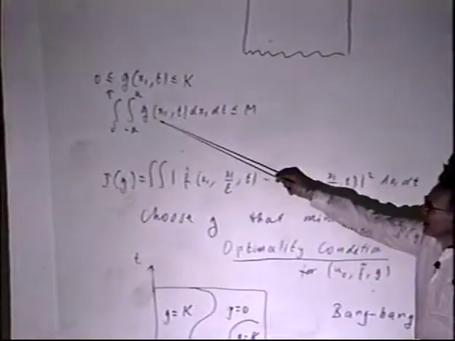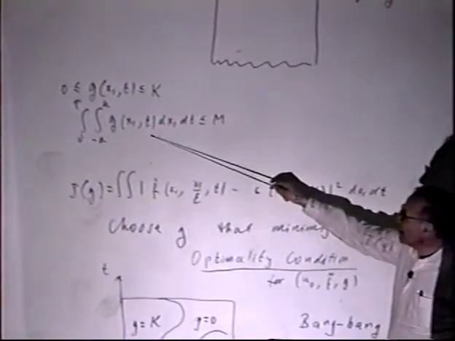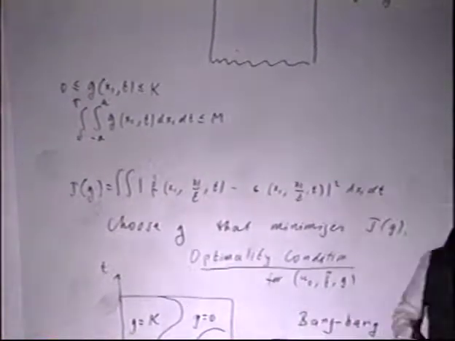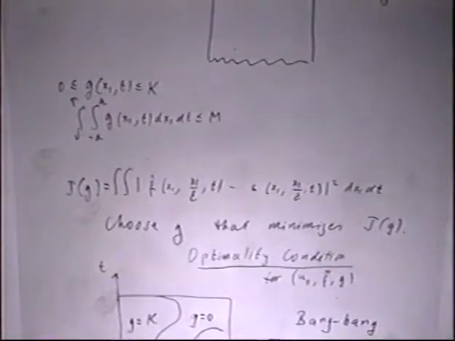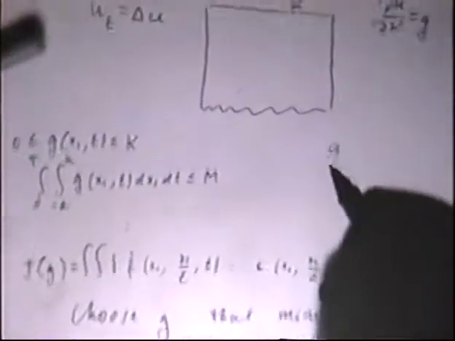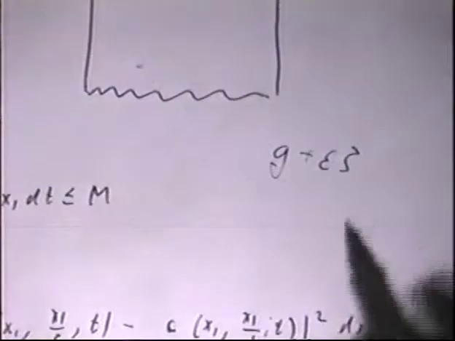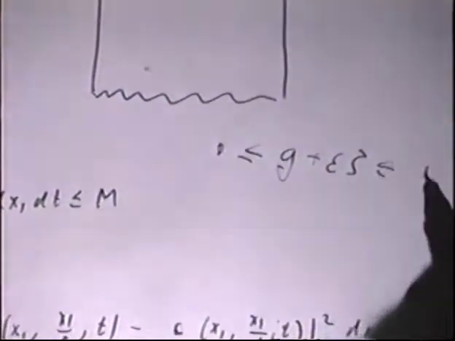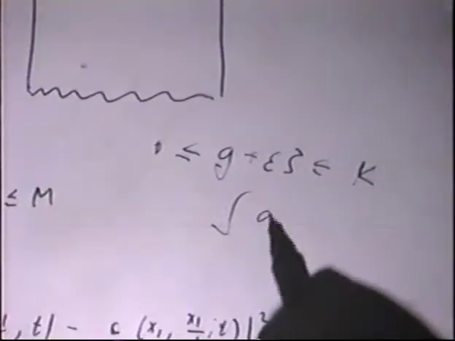For instance, if you add to G an epsilon, a delta times another function zeta, then you must make sure that this function is still between 0 and m and k, and that the integral of G zeta is less or equal to 0. So that together they satisfy the condition.